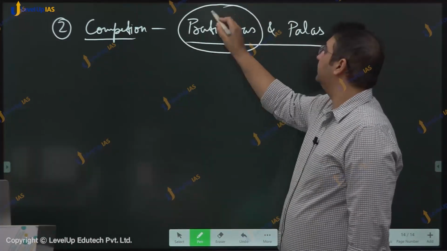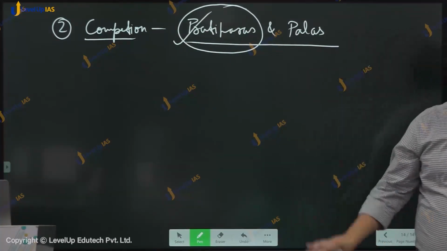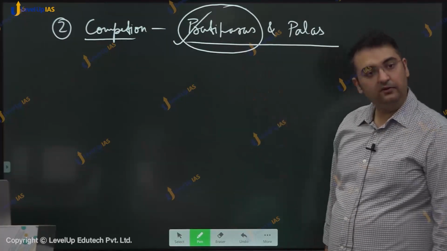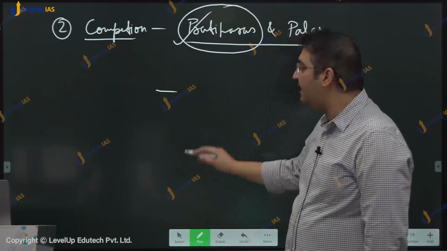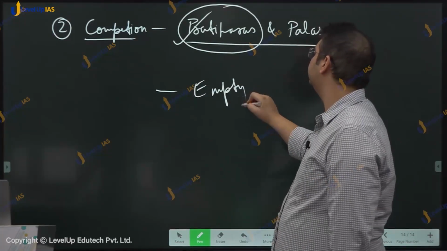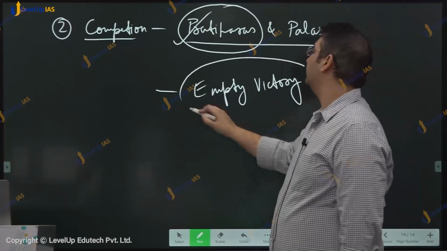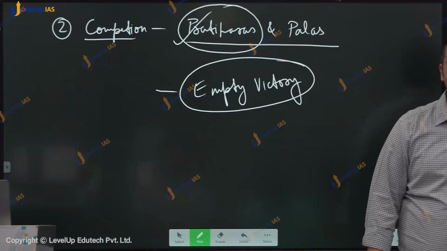Ultimately, the Pratiharas were able to install a puppet ruler in Kannauj permanently. So the Pratiharas won. However, their victory was an empty victory. Why was it an empty victory?